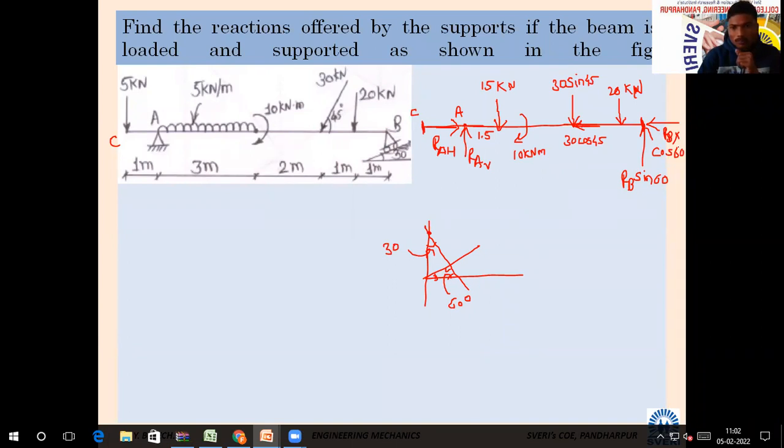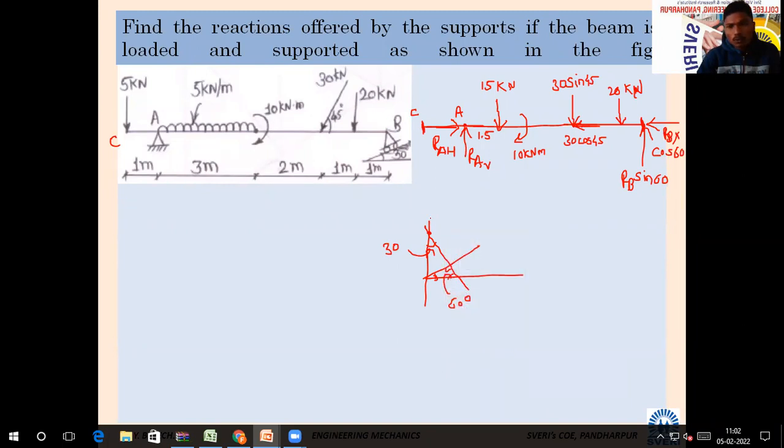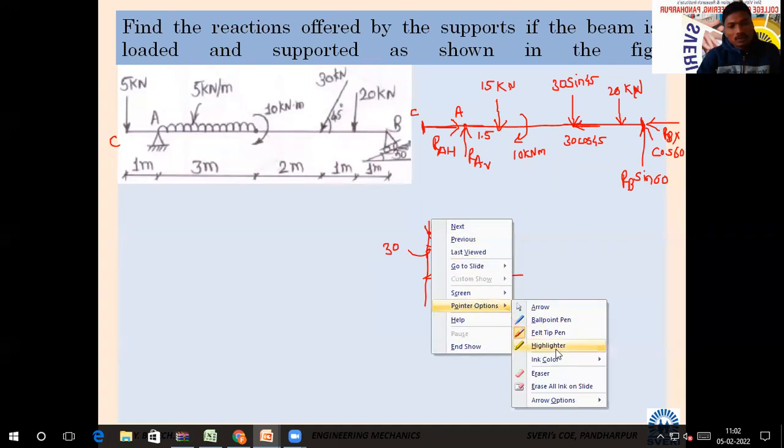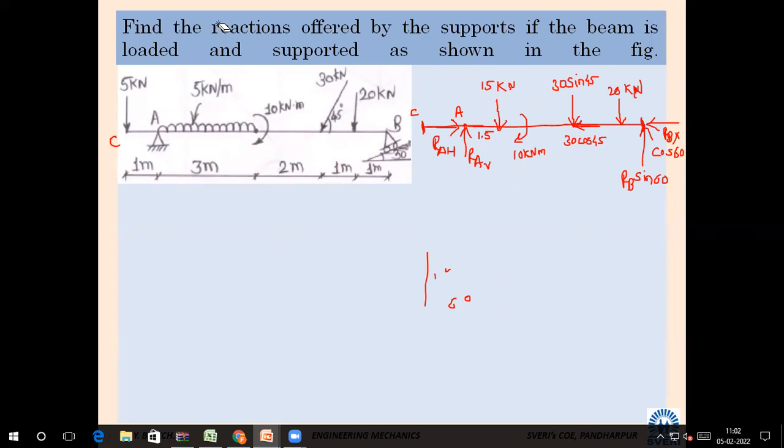Now, how many unknowns are there? Three unknowns. And how many equations of equilibrium do we have? Three.